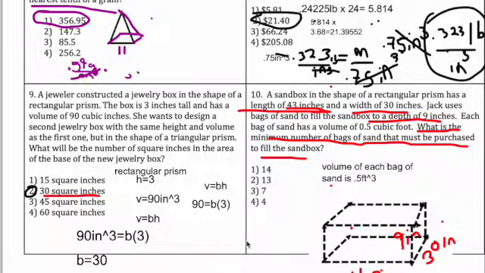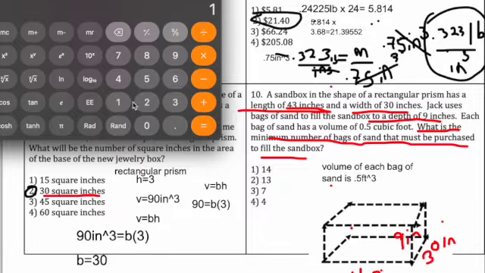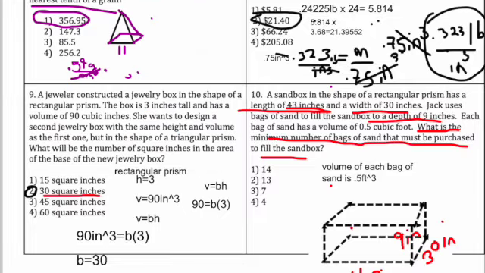Okay, I'm going to multiply this times 1 cubic foot. Every 12 inches is a foot, and I'm going to cube all of it. So I have 12 cubed. So that's 1,728 inches in every cubed foot.